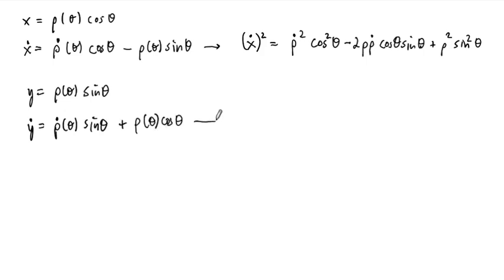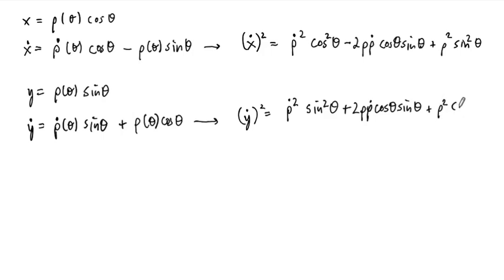And this has to be squared. So it looks very similar to that one, but it is, of course, a little bit different. So y dot squared becomes rho dot squared times sine squared theta plus now 2 rho rho dot cosine theta times sine of theta, and then plus rho squared cosine squared theta.